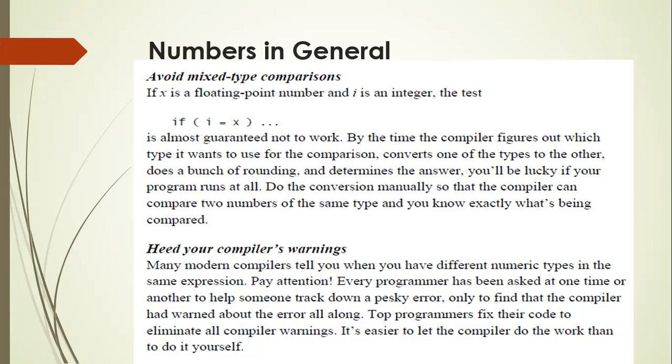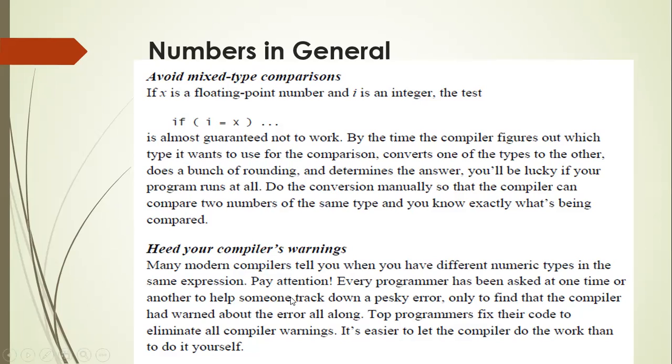So first of all, we have to manually convert integers into float, and we have to convert float into integer if we are going to store it in or compare it with the integer value. So we have to make them comparable with one data type, and then we have to compare them. Otherwise our compiler will give errors, so we have to keep in mind about these errors.